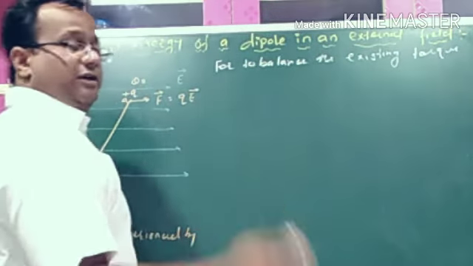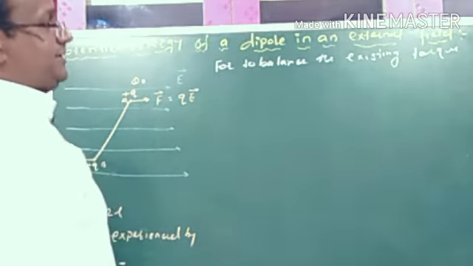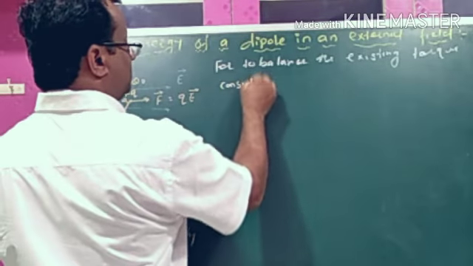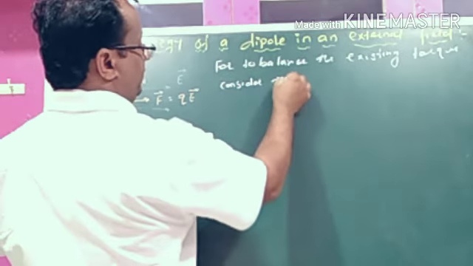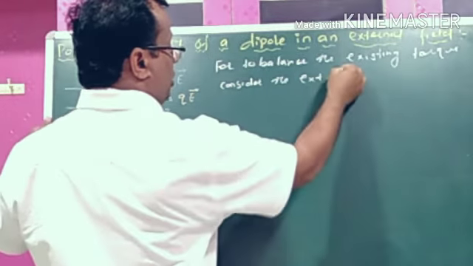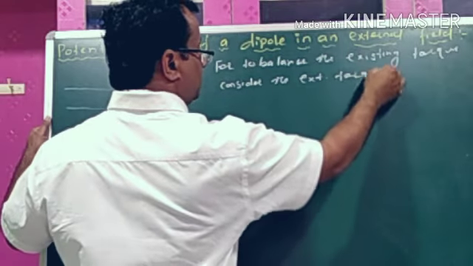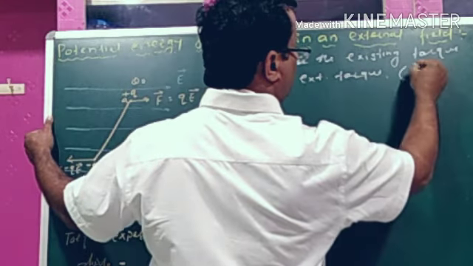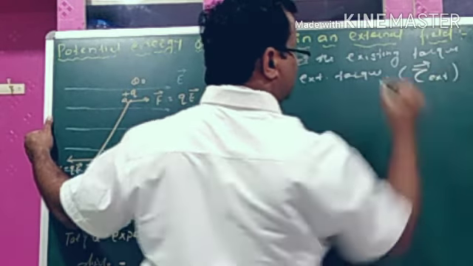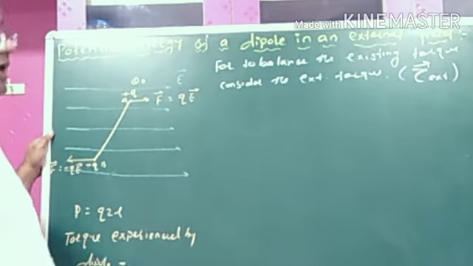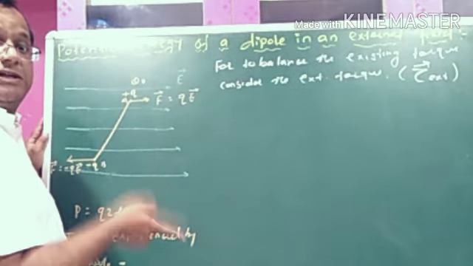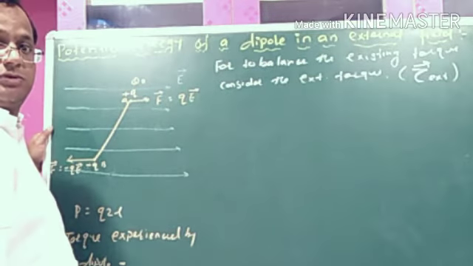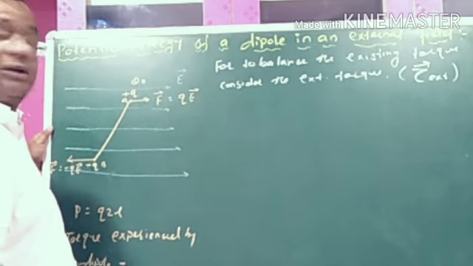To balance the existing torque, consider the external torque. If we call the external torque tau external, this external torque is trying to balance this torque. So that's why work is done.